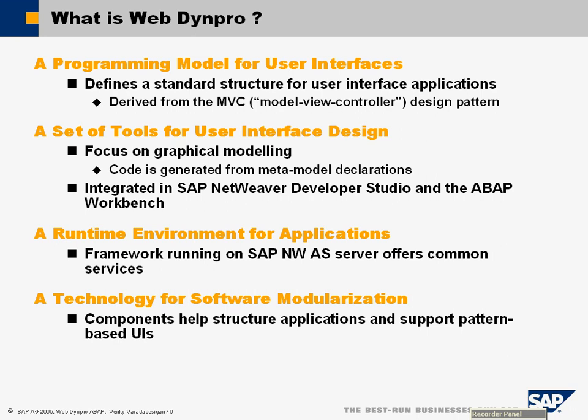There is something called the Web Dynpro framework, which is in charge of reading the metadata and rendering, not just at design time, but also at runtime. And also we have common services available for both the Java as well as the ABAP flavors of Web Dynpro. So it's also a technology for developing modularized, reusable components. Of course, you can develop components in ABAP.